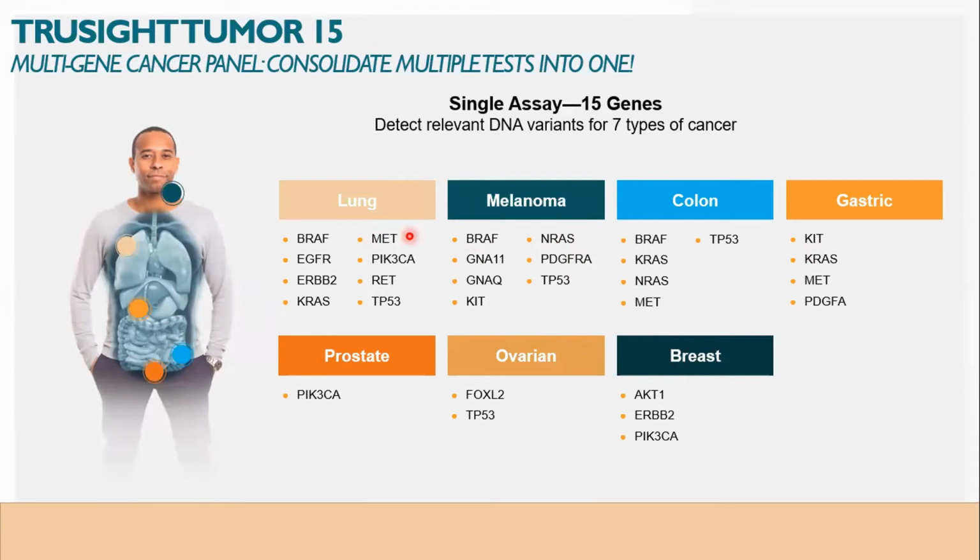So let's say you have a patient, and doctors are thinking of screening for colon cancer, for example. They will put the extracted DNA against this panel, amplify, and see the mutations on these genes only, right?